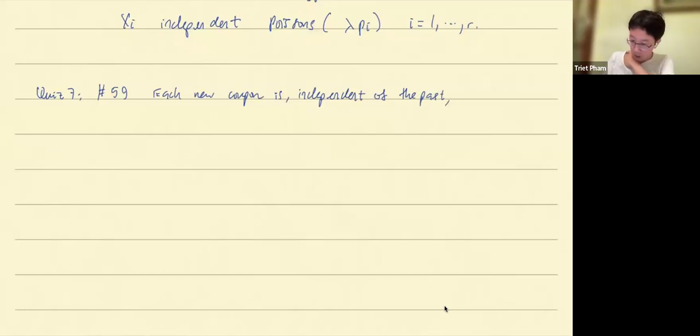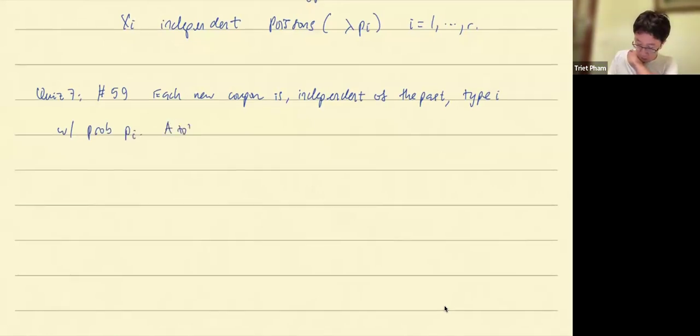It will be type i with probability p_i. A total of n coupons is to be collected.